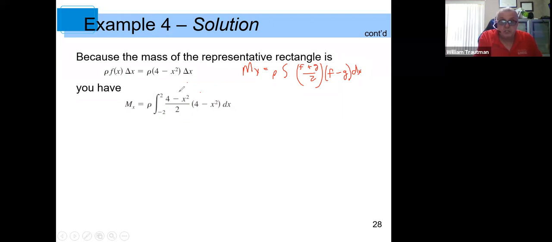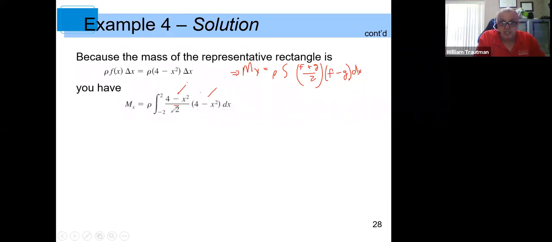And so here's our F. And we didn't have a G. Remember, we're just doing the F. We didn't have a G because we're not subtracting the other function. So we just have F over 2 and then times F, and we're integrating from -2 to 2. So this is the formula we're using. Everything is the same.